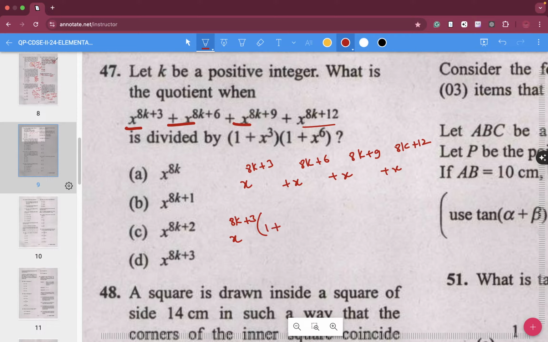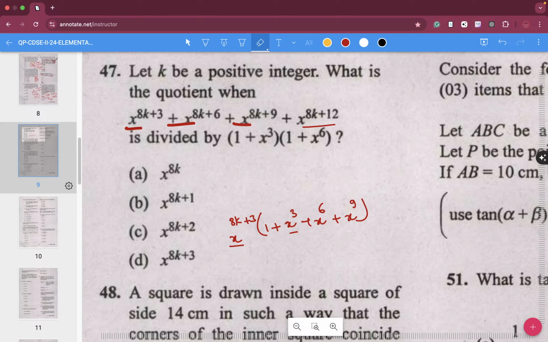So it turns out to be 1 plus x cube, plus x raised to the power 6 and x raised to the power 9. This is the value of this entire expression.